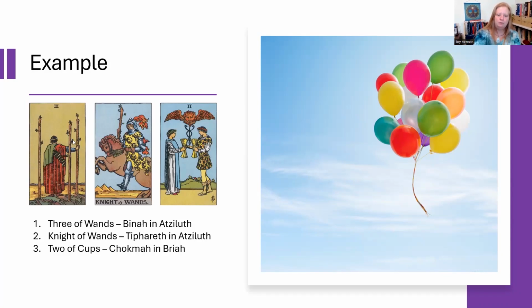So here we have a 3. 3 was Binah, and Binah means understanding, and it was our container or our channel for the energy. And it's in the world of Absolute, which is the highest level. Wands are at the top. And so that is the spark category, or the world of emanation.